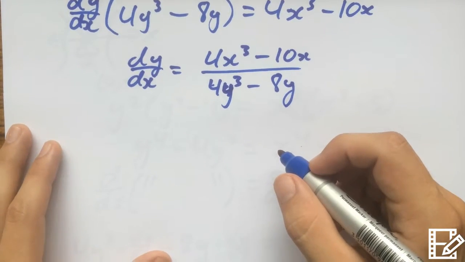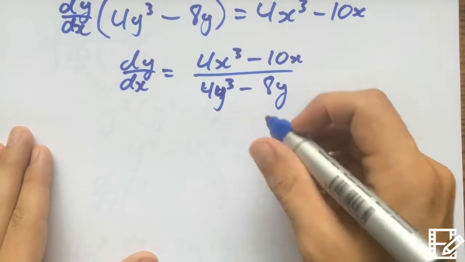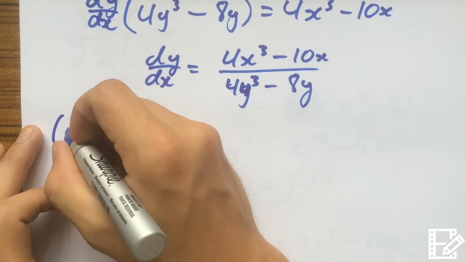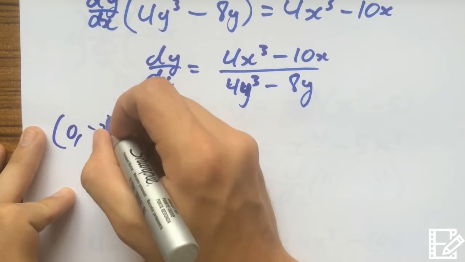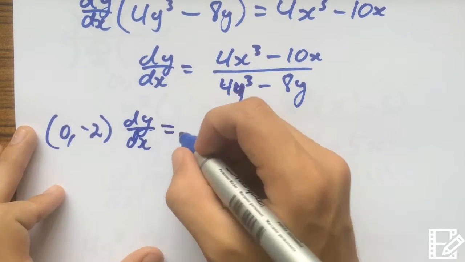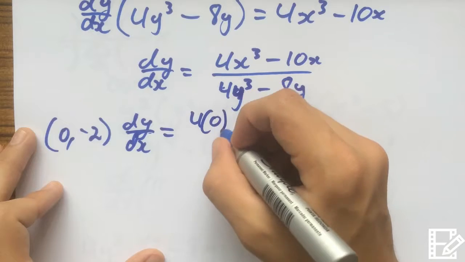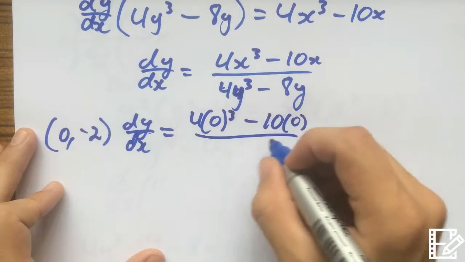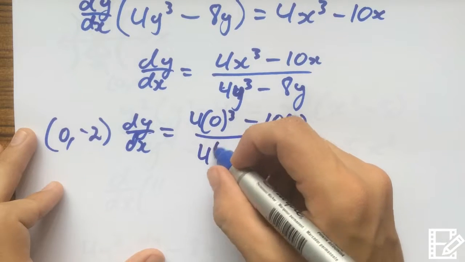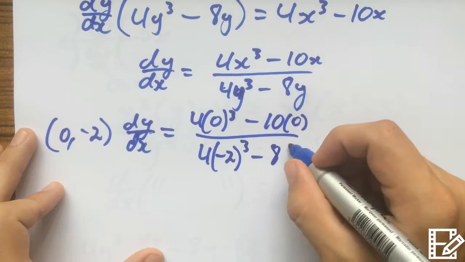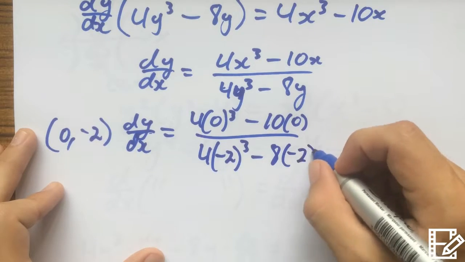Okay, now that we have that, we're going to sub in our x and y coordinates, x being 0, y being -2. dy/dx equals 4 times 0 cubed minus 10 multiplied by 0 over 4 multiplied by -2 to the power of 3 minus 8 multiplied by -2.